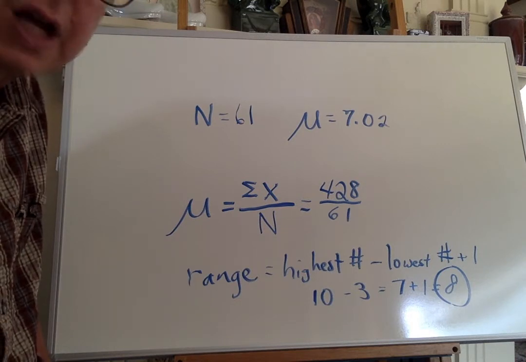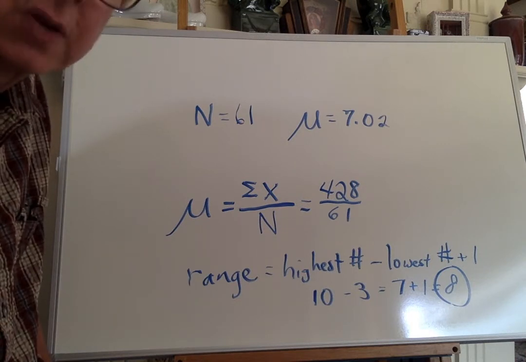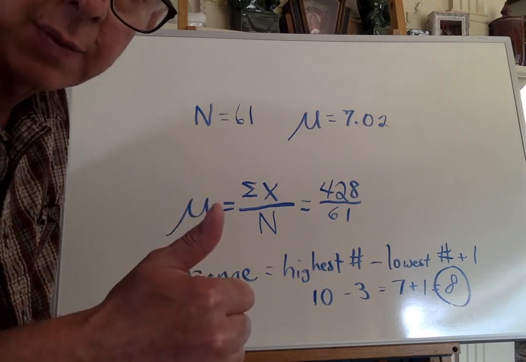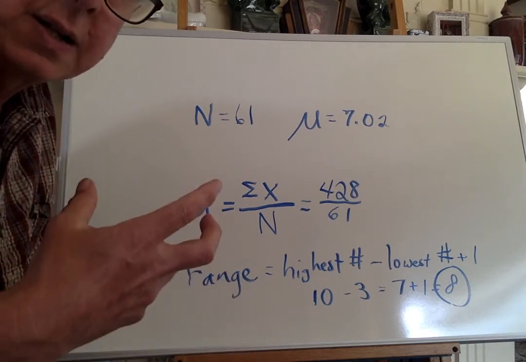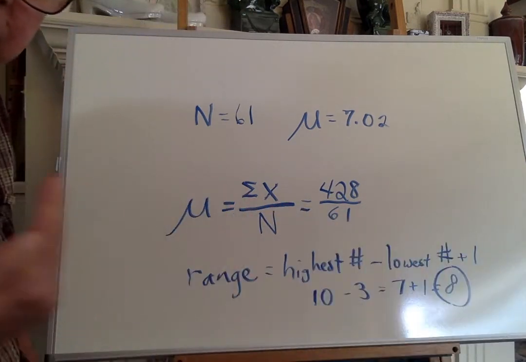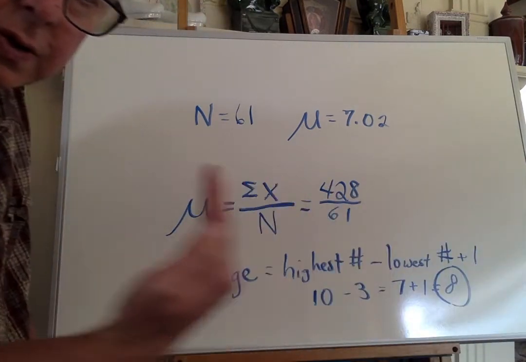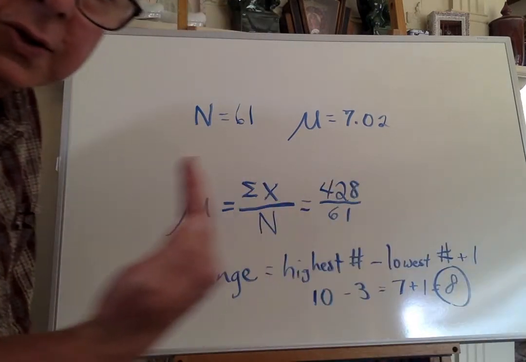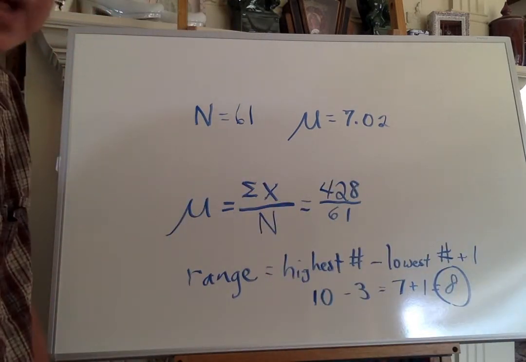So the range is highest minus lowest plus 1. That's the computation. The concept is this is the area on the number line. This is the number of units the data traverses. Okay, the data goes across is what I'm talking about.